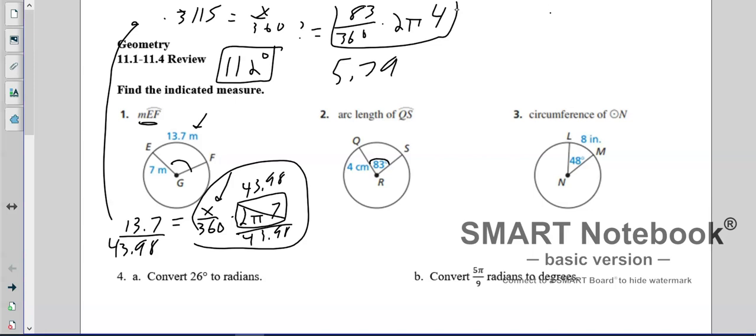Okay, circumference. Remember, the circumference is really just 2 pi r. And you remember me at the beginning saying that 2 pi r is part of that formula right there?